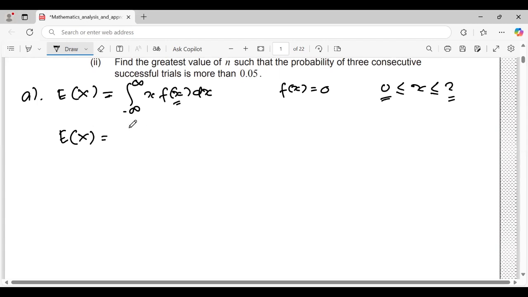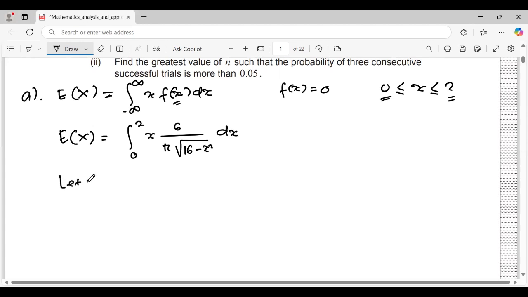E(x) equal integral 0 to 2 of x times f(x), which is 6 over pi square root of 16 minus x squared, dx.